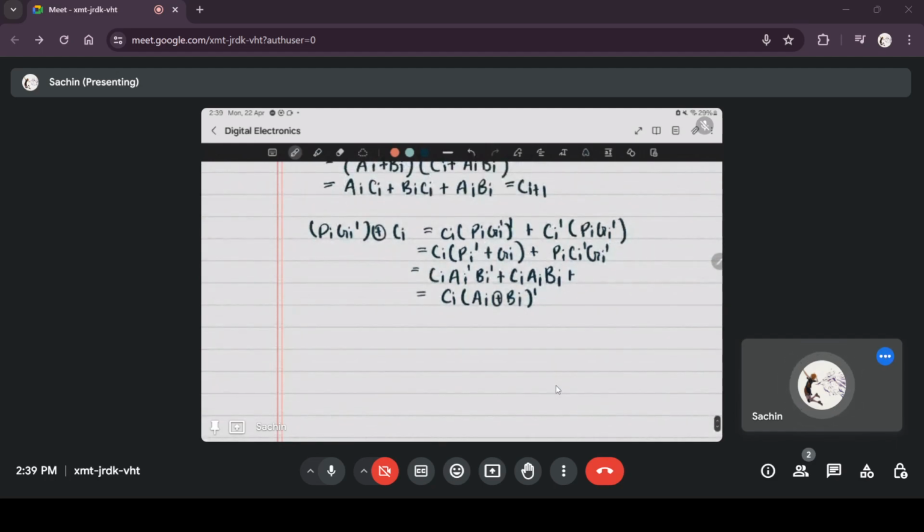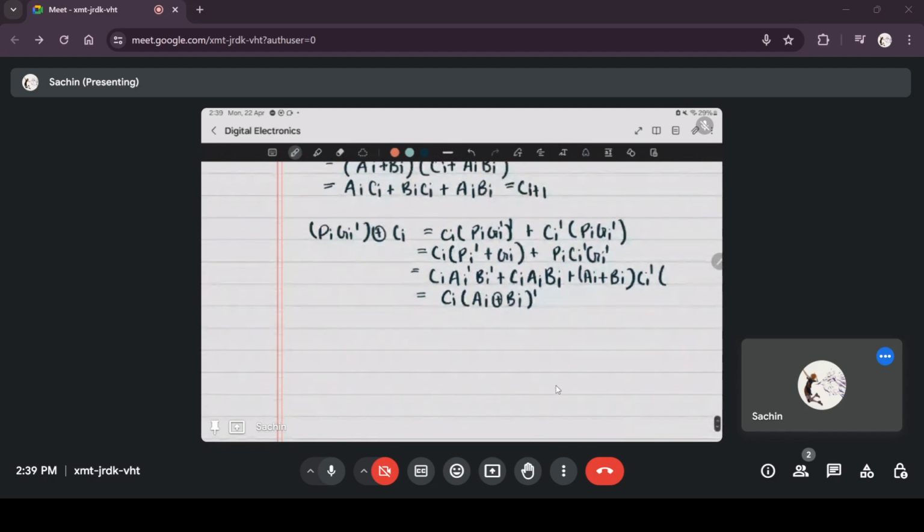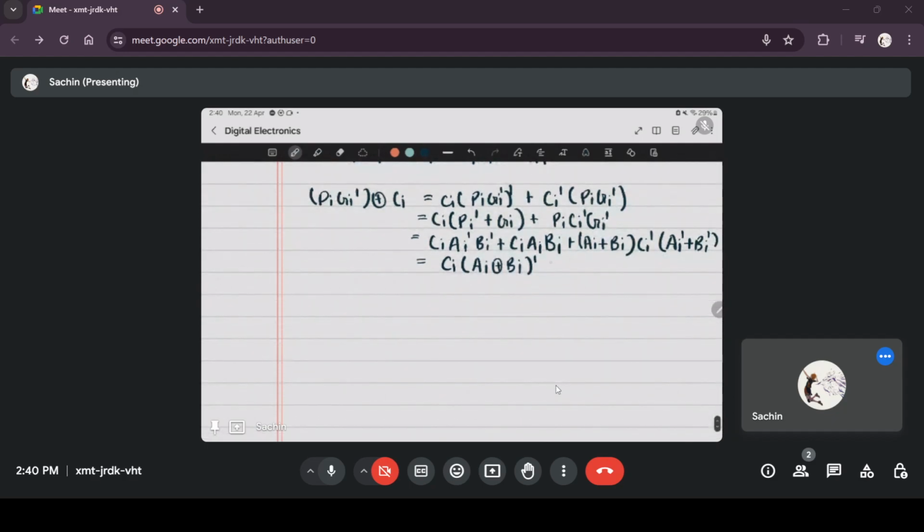Pi Ci complement Gi complement: Pi is Ai plus Bi, times Ci complement, times Gi complement, which is (Ai Bi) complement. So this turns out to be Ci complement into (Ai plus Bi) into (Ai complement plus Bi complement), which is nothing but Ai Bi complement plus Bi Ai complement, which is Ai XOR Bi.